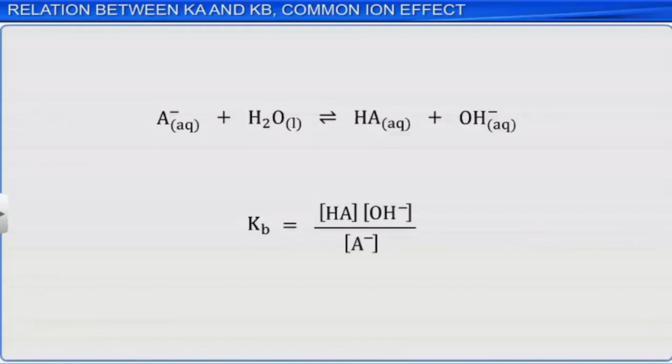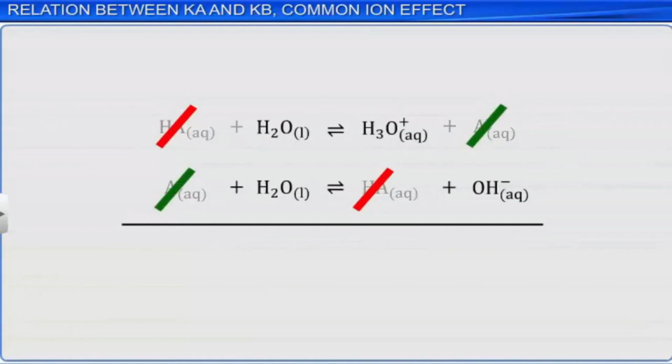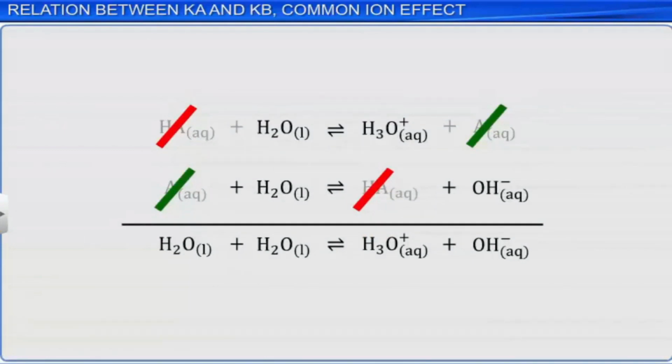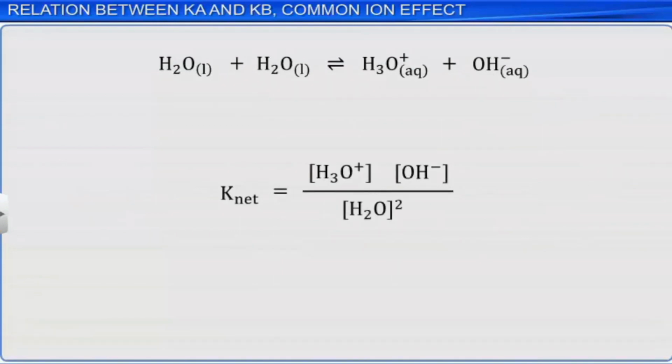On adding these two reactions together, the common terms cancel out, leaving the auto-ionization of water. The equilibrium constant for the net reaction may be expressed as K net is equal to the product of concentrations of H3O plus and OH minus divided by concentration of water raised to the power of 2.